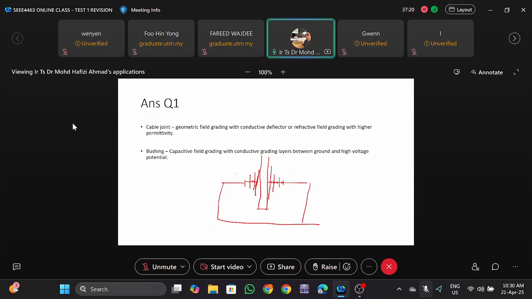This capacitance behaves as a voltage divider and distributes the voltage, because the voltage is higher at this point, and then it reduces a lot. According to the equation E equals V over D, when your voltage drops, your electric field also drops. So they make this kind of capacitive layer, and it distributes the voltage over it.